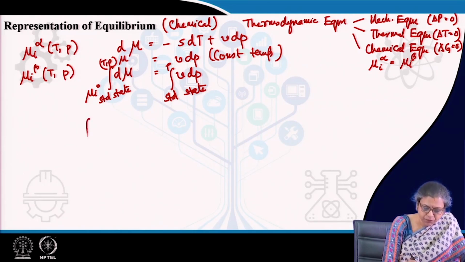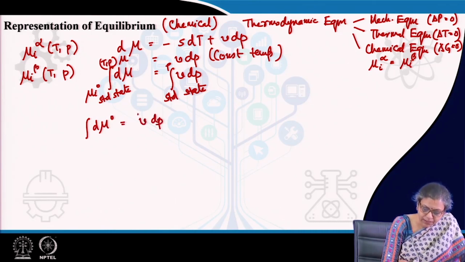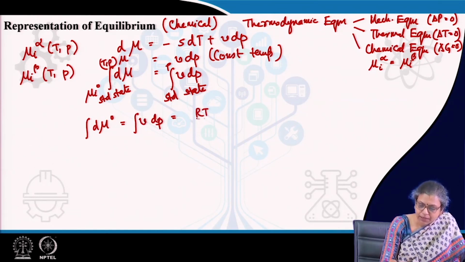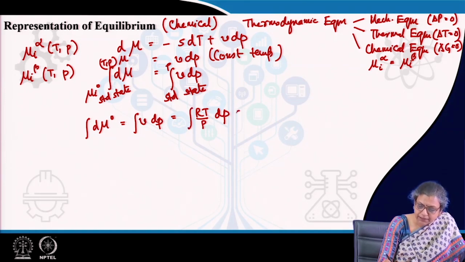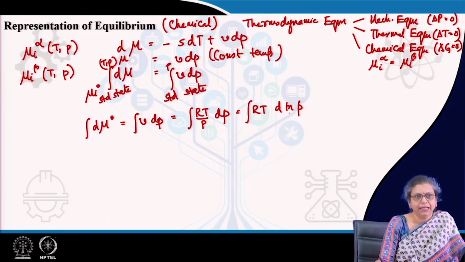We find that in the ideal gas state, d mu 0 is definitely equal to V dP, and for the ideal gas state this V is nothing but RT by P, so it is RT d ln P. So, for an ideal gas, the change in mu in going from one state to the other is related to the change in ln P.